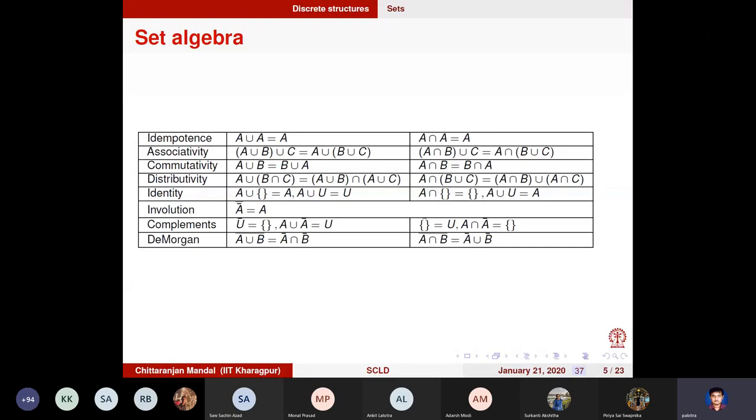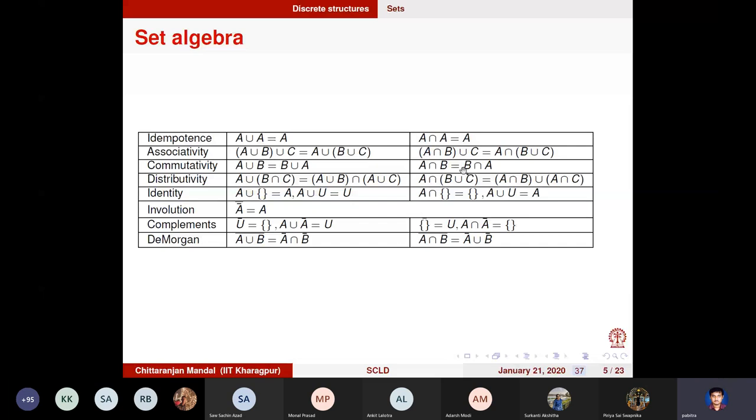So, for example, if you first take the union of A and B and then take the union with C, the result would be one and the same as what you get by first taking the union of B and C and then taking the union with A. The overall result will be the same, whatever the values of A, B and C. Okay, so this is associativity. What associativity basically means is that you can change the order of evaluating the expressions if the expressions involved are of this form.